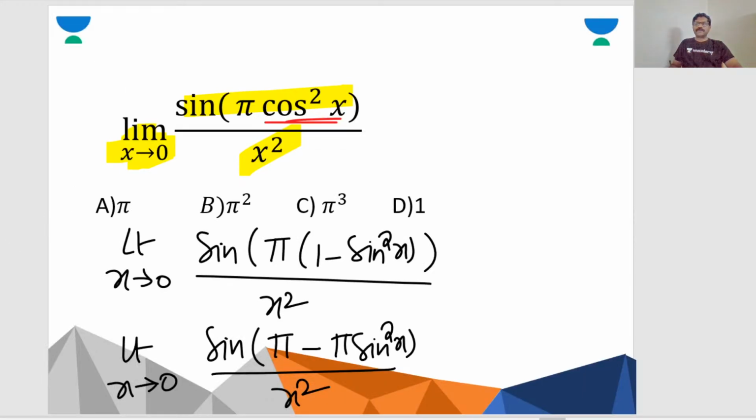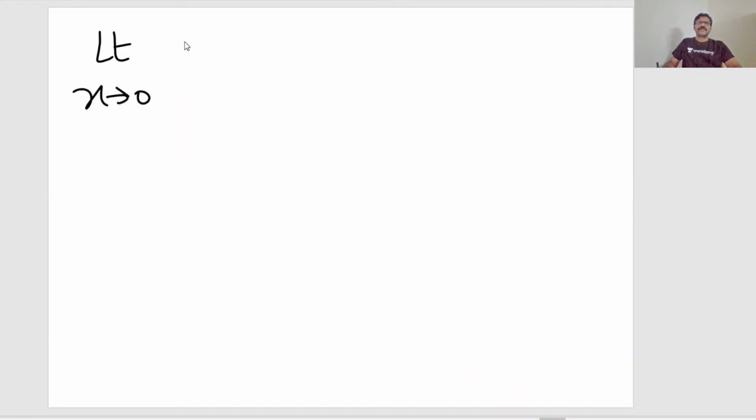limit x tends to 0, sin(180 minus pi sin²x) is sin(pi sin²x), by x square.